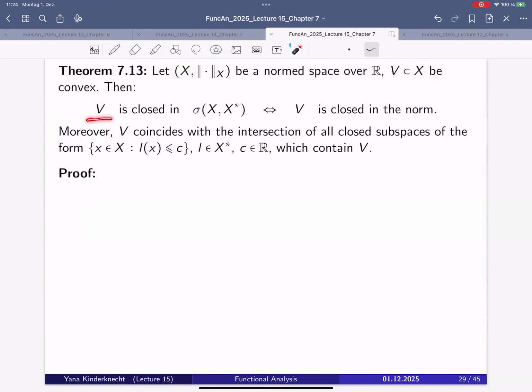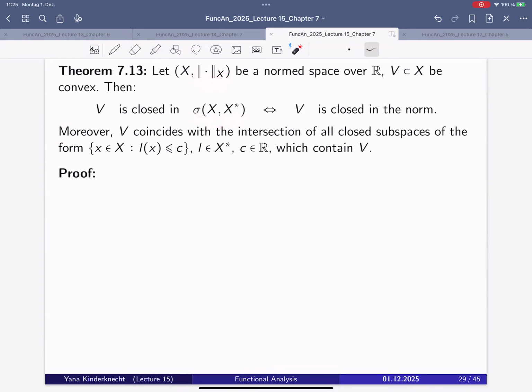And now the closedness. Let us remember that in the infinite dimensional situation, this topology is strictly stronger than this topology. What does it mean? That we have more open sets here than here. But this means that we have more closed sets here than here.